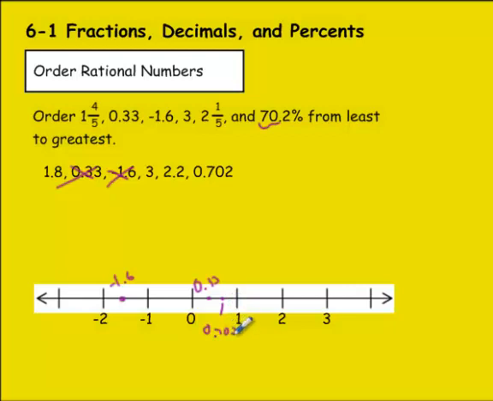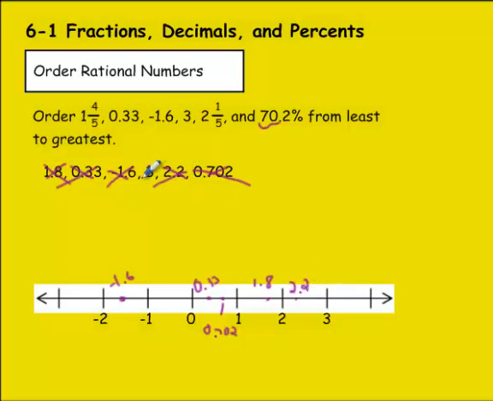0.702. And then I'm left with 1.8, 2.2, and 3. Well, 1.8 would be the smallest because its whole number is 1 instead of 2 or 3. So this would be 1.8. The next one would be 2.2 because that's the next lowest whole number. So 2.2.